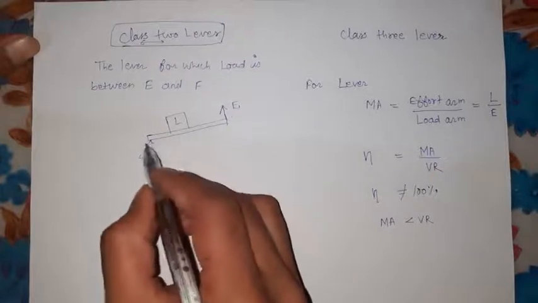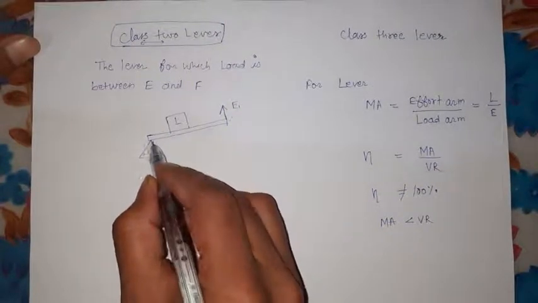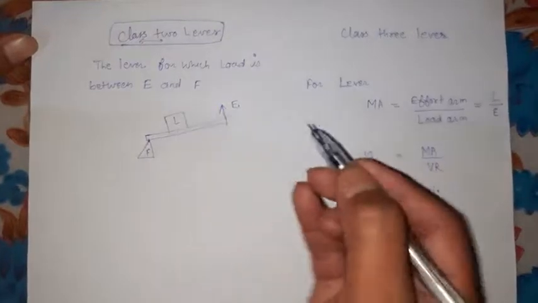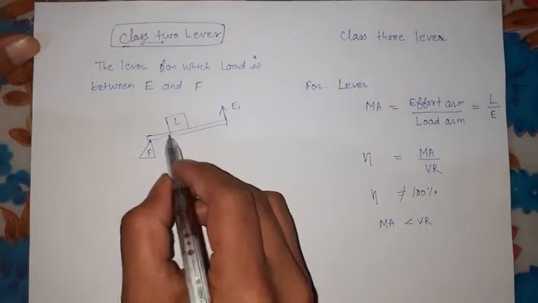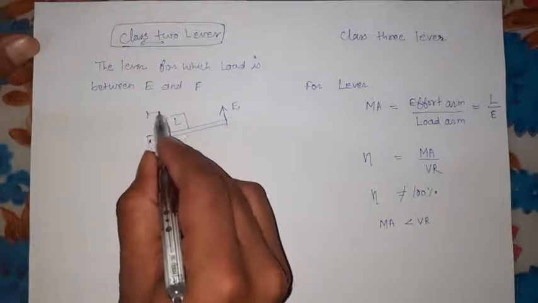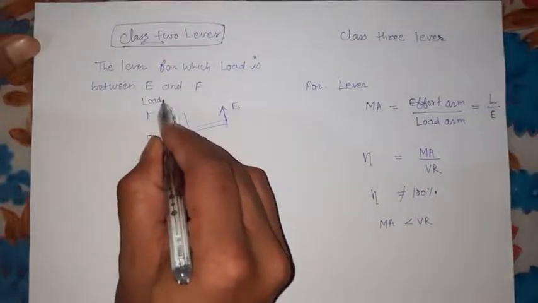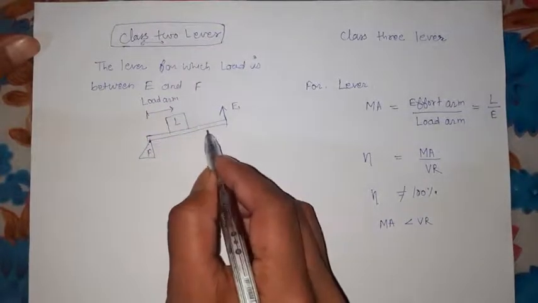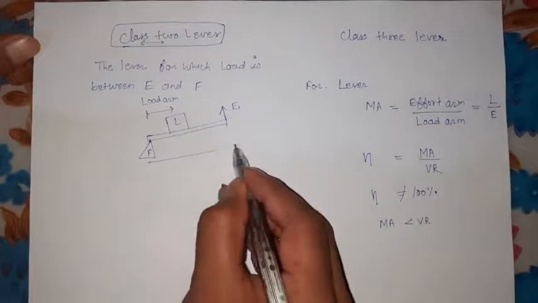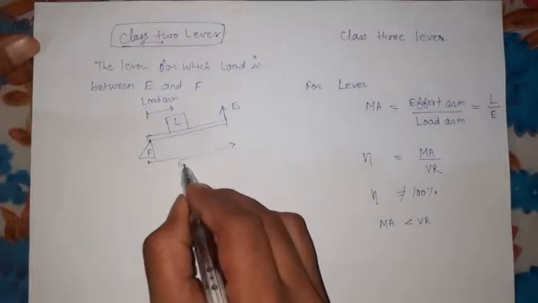Now we know that for measurements we take an initial point, the fulcrum, and from there we start our measurement. The distance of the load from the fulcrum we call the load arm, and the distance of the effort from the fulcrum we call the effort arm.